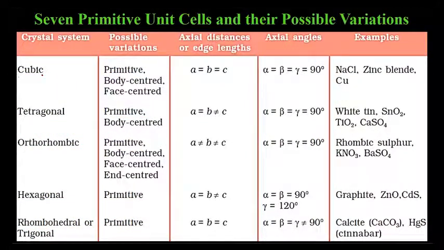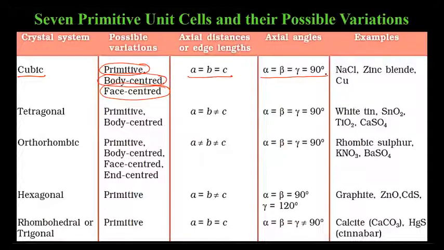In cubic, and when I say cubic, it means its shape is of a cube. There are 3 possibilities: primitive, only corners; body centered means corner plus body; face centered means corner plus all faces. Cubic lattice will be that one in which all the sides will be equal and all the angles will be equal.